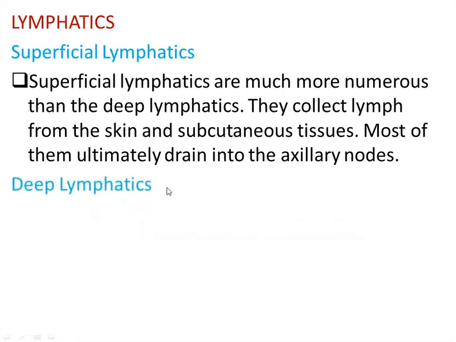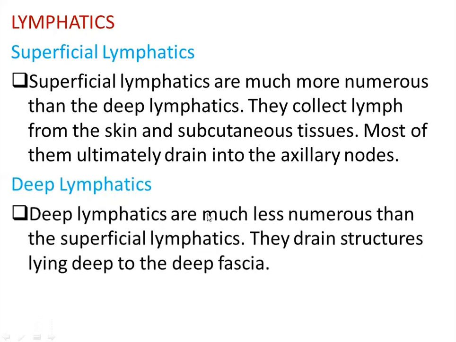Then we will see the deep lymphatics. The deep lymphatics are much fewer than the superficial lymphatics, right? They drain the structures lying deep to the deep fascia, right? They drain the limb from the structures deep to the deep fascia, right?